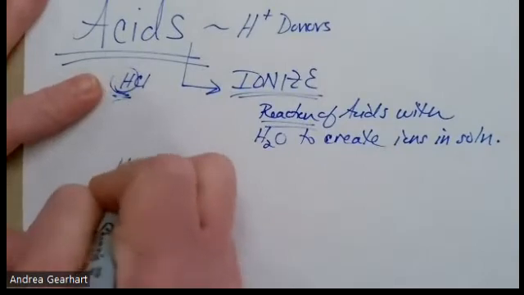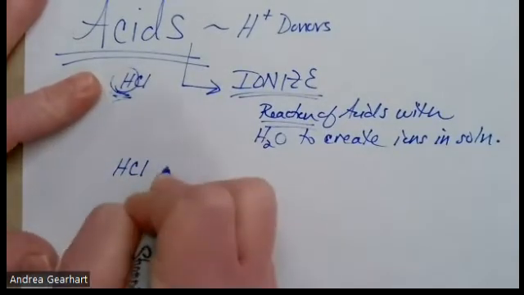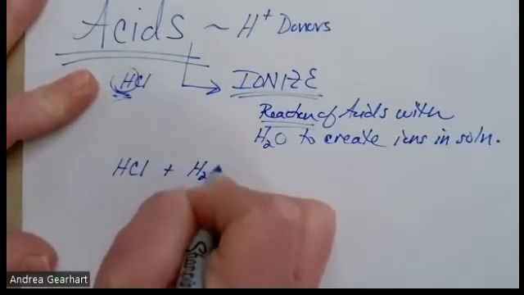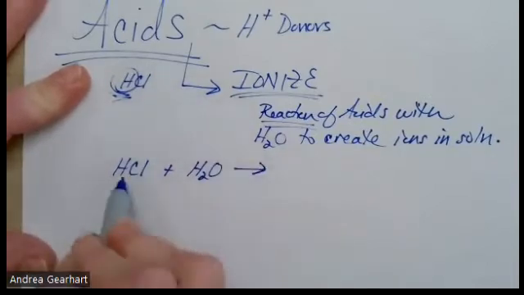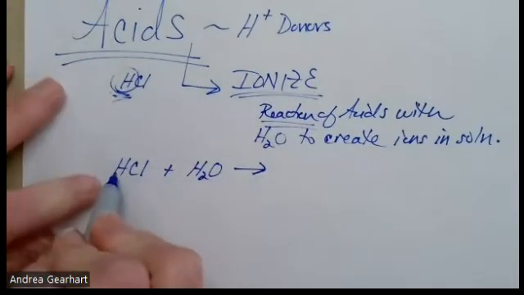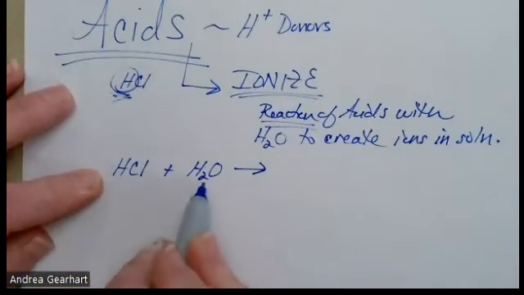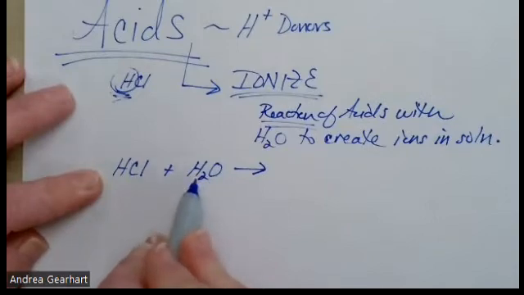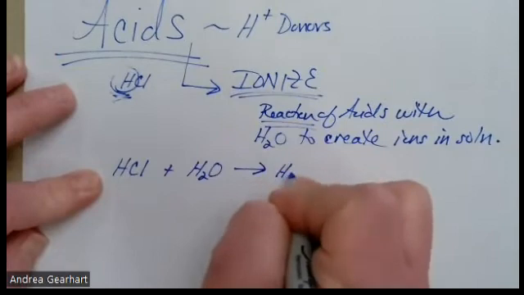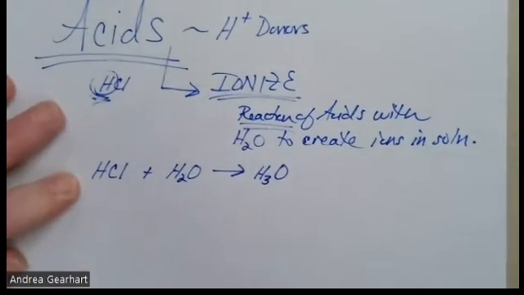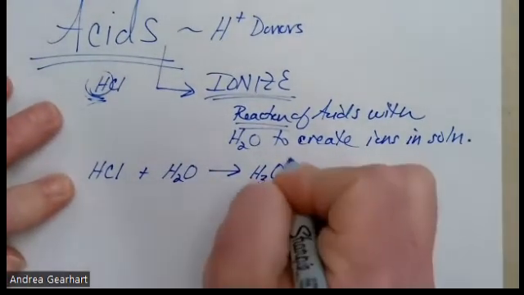So let's take HCl, for example, and place it in water. What makes this an acid is it gives away the hydrogen ion, and it won't give away the hydrogen ion if there's nothing to take it. So H2O bonds with the donated hydrogen ion, forming H3O+.